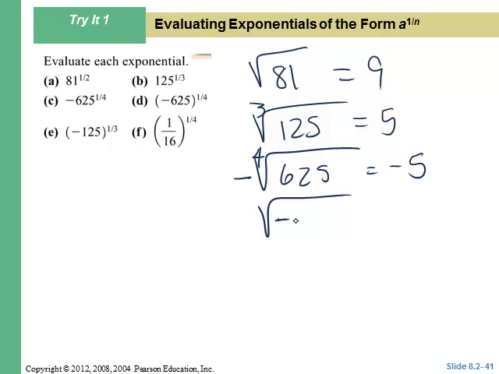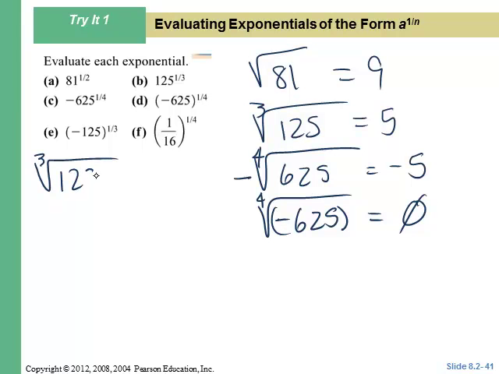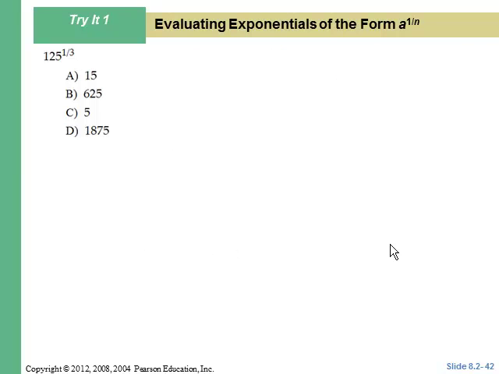If you put it on the inside with an even root like that, you get no answer. The cube root of 125 with a negative sign is negative 5, and the fourth root of 1/16 is 1/2. So for this one, it's the cube root of 125, which is 5.